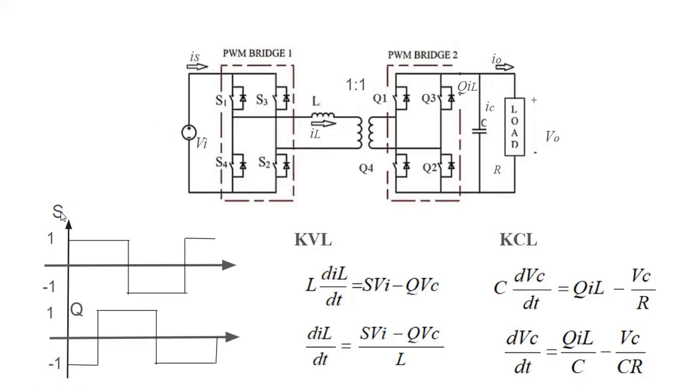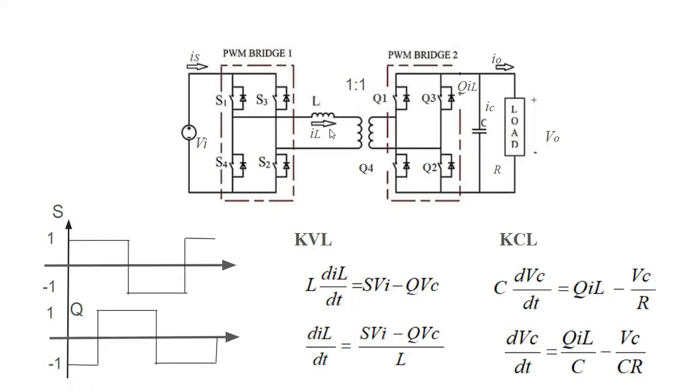We have switching modes S and Q. S is the switching mode of bridge 1, which can take its value as +1 when S1 and S2 are in the on condition, and the S value will be equal to -1 when S3 and S4 are in the on condition. Similarly, Q can take +1 when Q1 and Q2 are in the on condition, and it can take -1 when Q3 and Q4 are in the on condition.